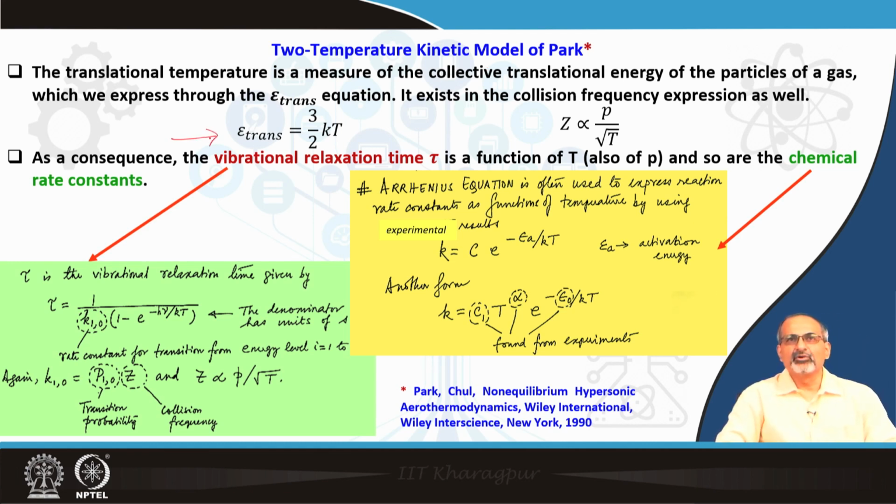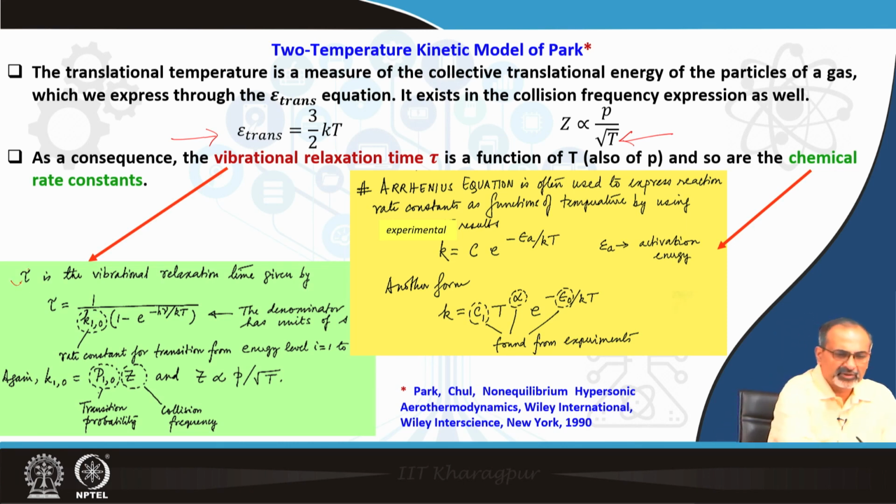It exists in the collision frequency expression as well. So, it is the same temperature that we talk about when we look at this proportionality between Z and pressure and temperature. As a consequence, the vibrational relaxation time tau is a function of T. It is also a function of pressure, and so are the chemical rate constants.